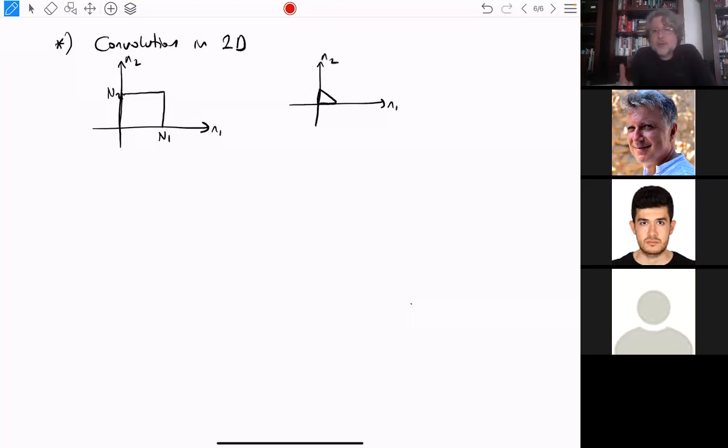So what you can do in order to convolve in 2 dimensions these 2 functions, you can still fold one of the signals, but not only horizontally, but also vertically as well. So this one would be first folded into this after horizontal folding.